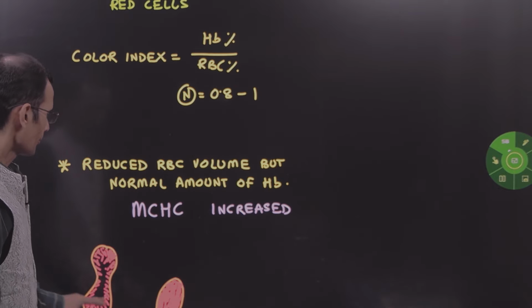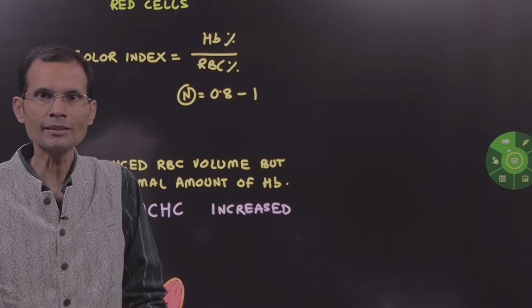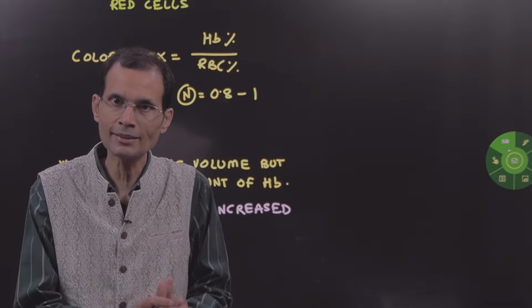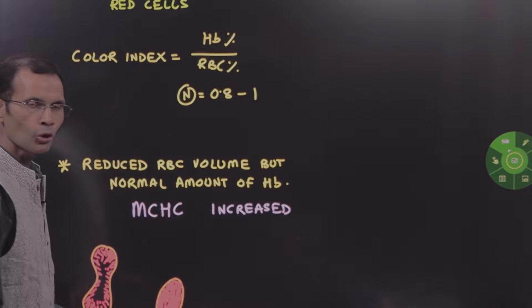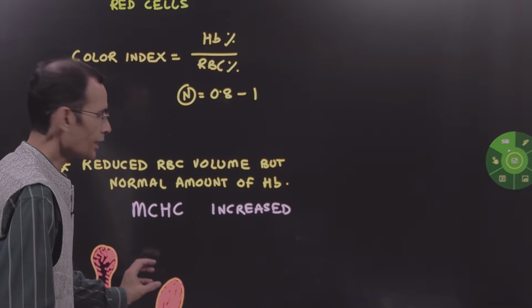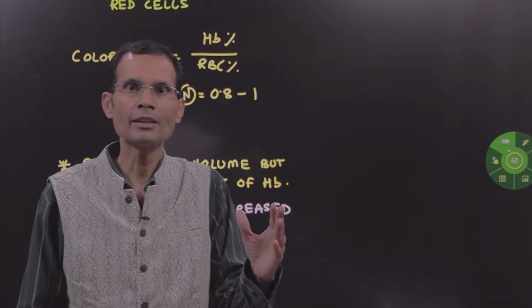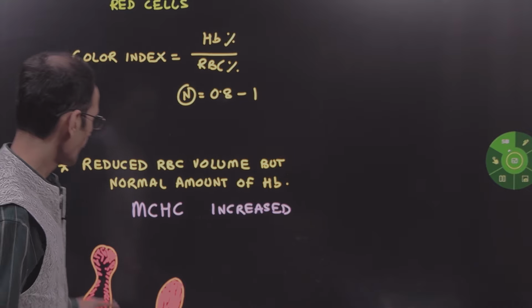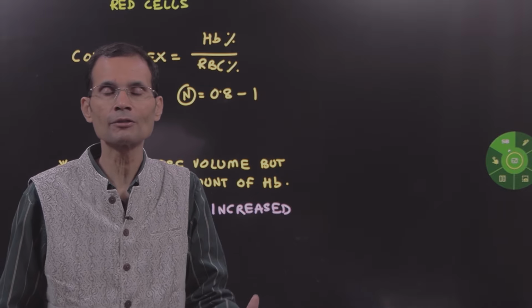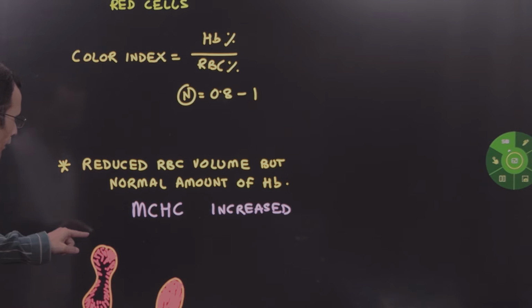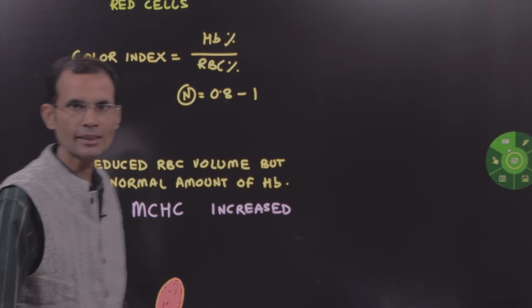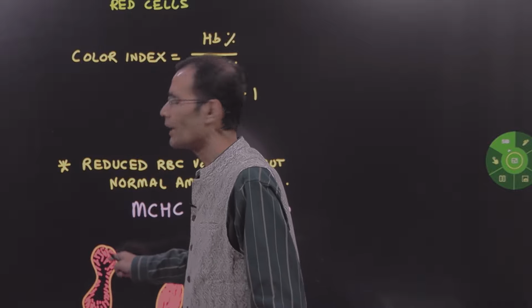Now consider this. RBC count is less, the single RBC volume is also less than normal, but the hemoglobin level is normal. So with smaller RBCs and normal hemoglobin, hemoglobin occupies more than 50 to 60% of the RBC volume. In a normal RBC, hemoglobin occupies some 38% of the cell volume with a central pallor.